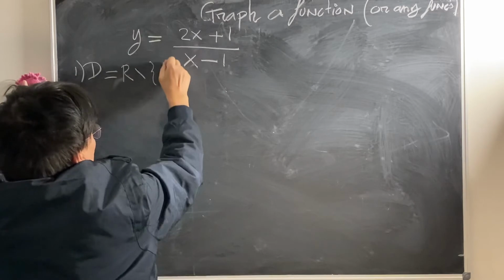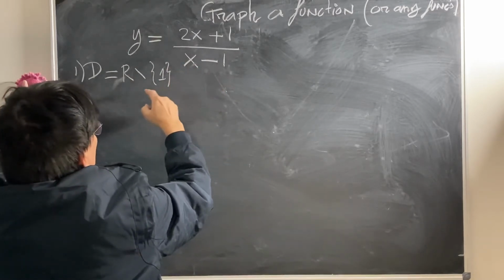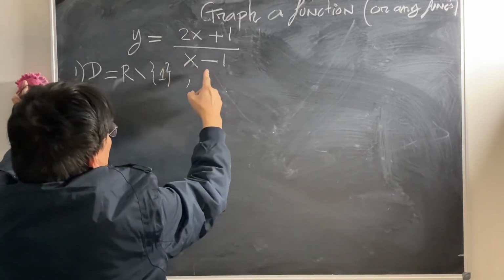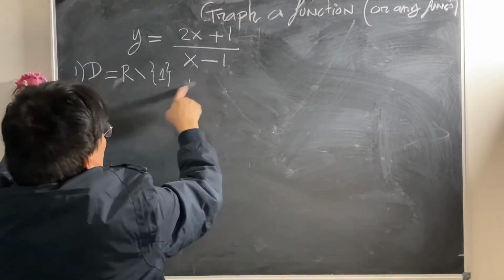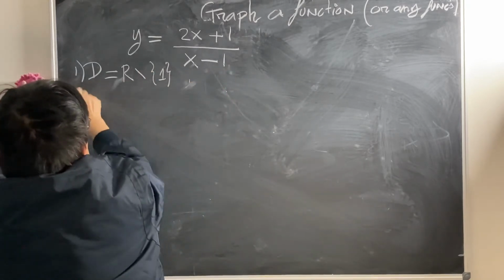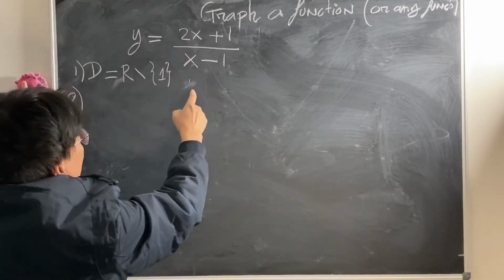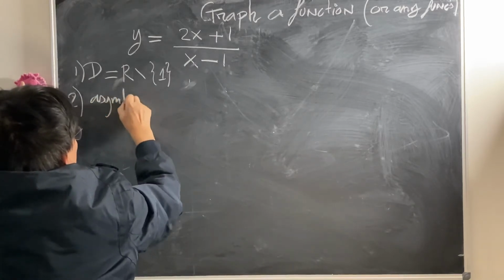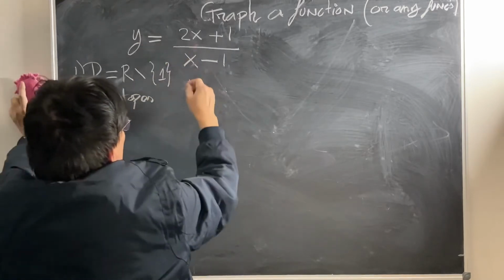Okay, and the range: x can be, and y can be, any value. Actually, we'll find the range later. The second step is to find the asymptotes.